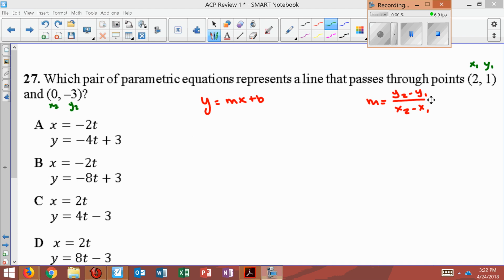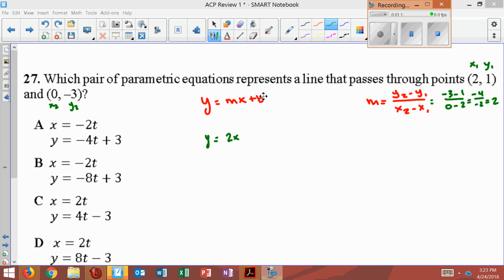I'm going to have -3 minus 1 over 0 minus 2. -3 minus 1 is -4. You divide that by -2, and we get a slope of 2. So we now know we have y = 2x.